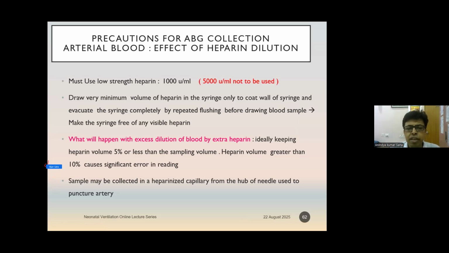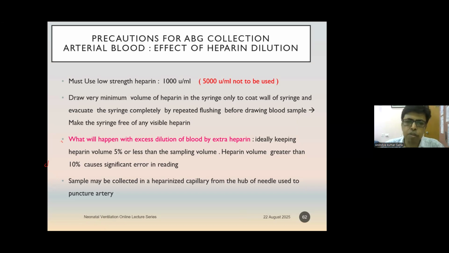First, we have to be very cautious about the use of heparin in the syringe while drawing the blood sample. So we use low strength heparin.